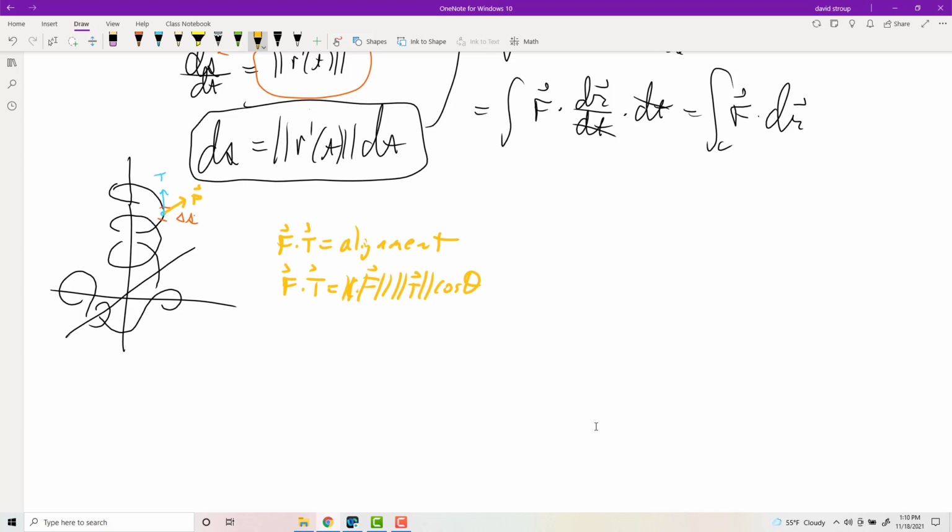So the more aligned they are, the bigger that f dot t is going to be. And our integral is basically just adding up all of these f dot t things times the line segment length. And then when we take the limit as the line segment length goes to 0, we end up with our vector version for the line integral.